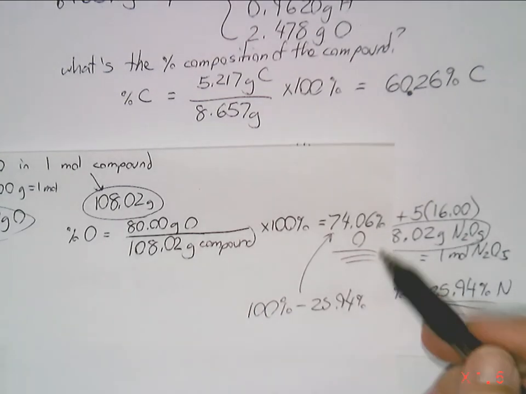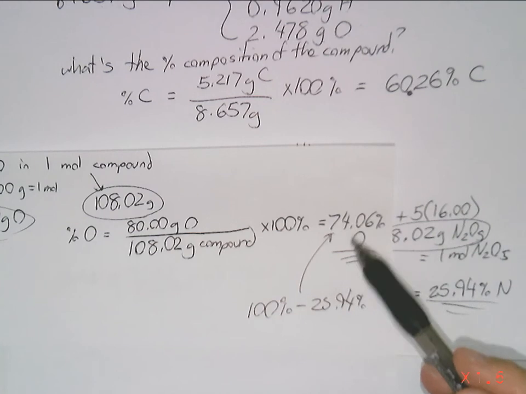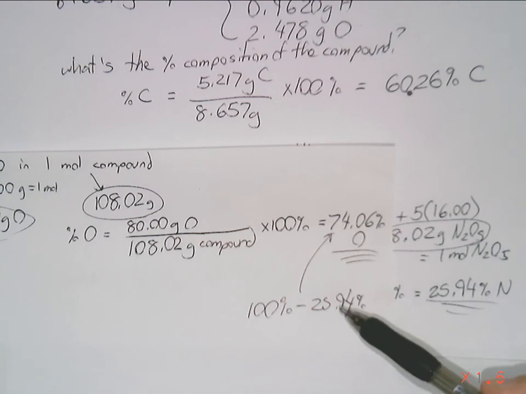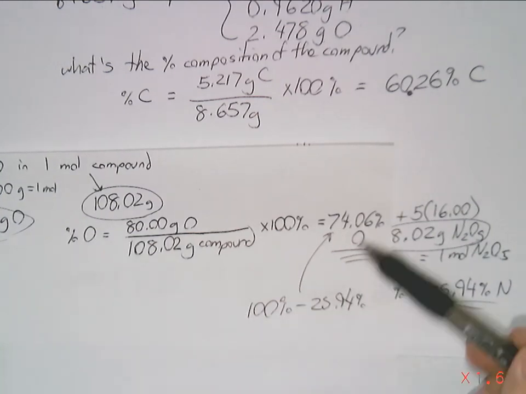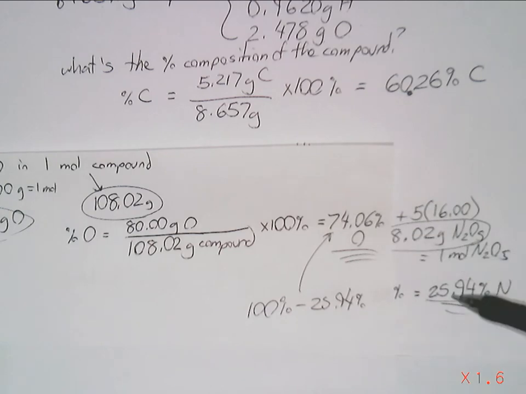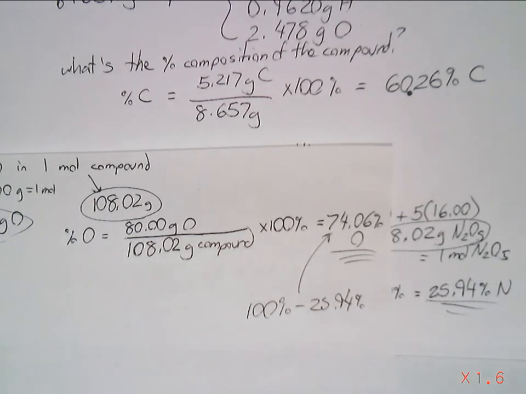So that's either a check on it or an easier way to do it, up to you. You can do it the hard way and then check it. You can also check it by making sure that both of your percentages add up to 100%. And if they do, then you did everything right.